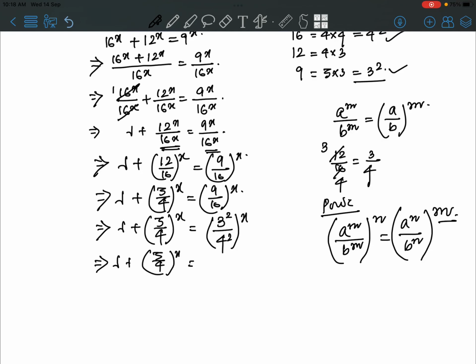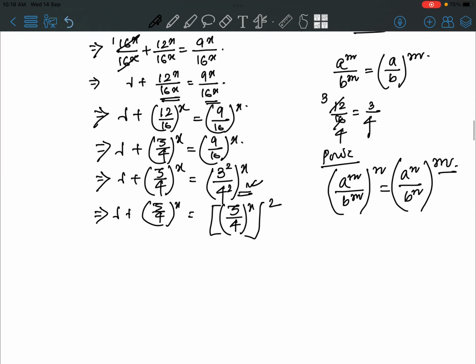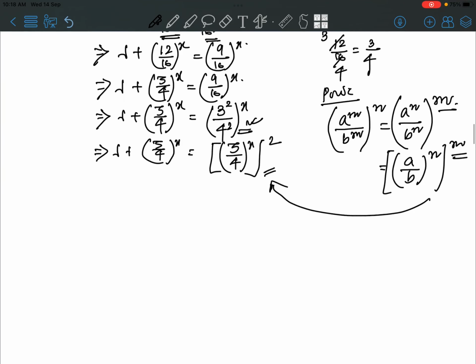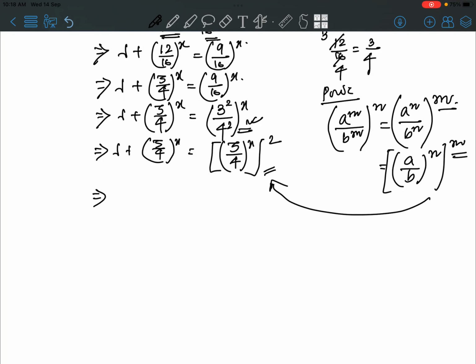So in this case, we write (3 by 4) to the power x whole squared. Let me refresh it: (a by b) to the power n, whole to the power m. So by using this formula, now let (3 by 4) to the power x equal y.